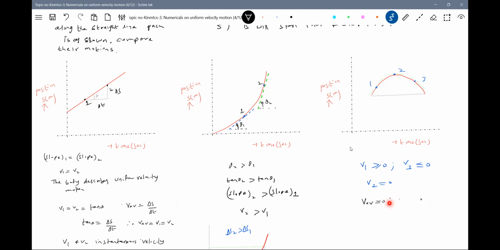I'll write it: average velocity may be 0, not 0 for all intervals, maybe 0 for some, meaning only for this interval. For this interval of time, it is non-zero. So only for some interval. What about instant velocity? It is 0 at some instant.